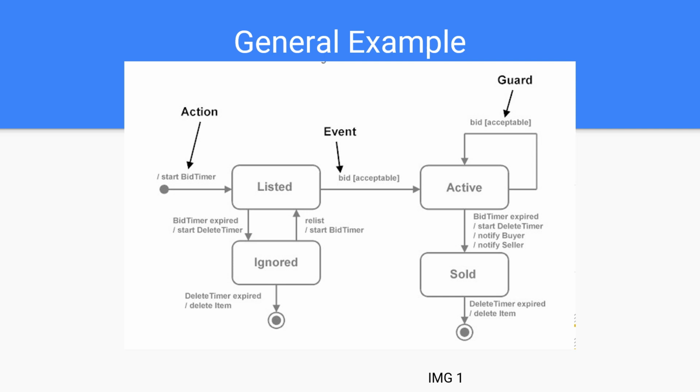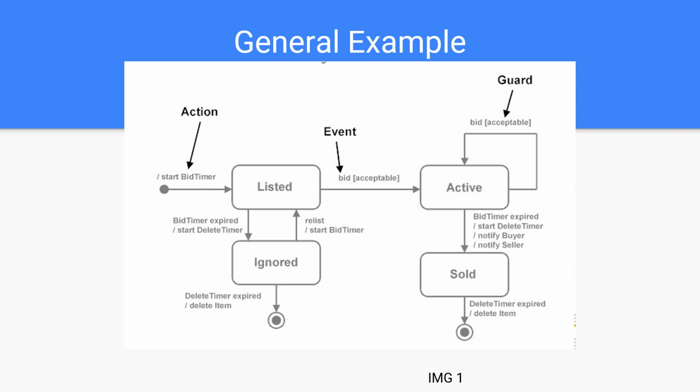So we'll start from the beginning. You see the transition here, the arc, that the time starts. That's an action. It's going to be in that state of listed until the time expires or somebody bids. If nobody bids, it's going to be ignored, and then you can list it again with the transition.